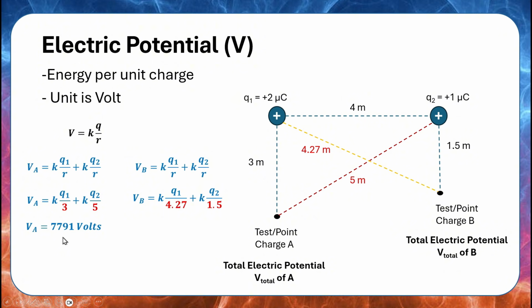And this is already a rounded off answer. And for the electric potential created by test point charge B, we just need to plug in all the values again and do the solution, and after calculation we got the answer 10,204 volts. This is rounded off already.